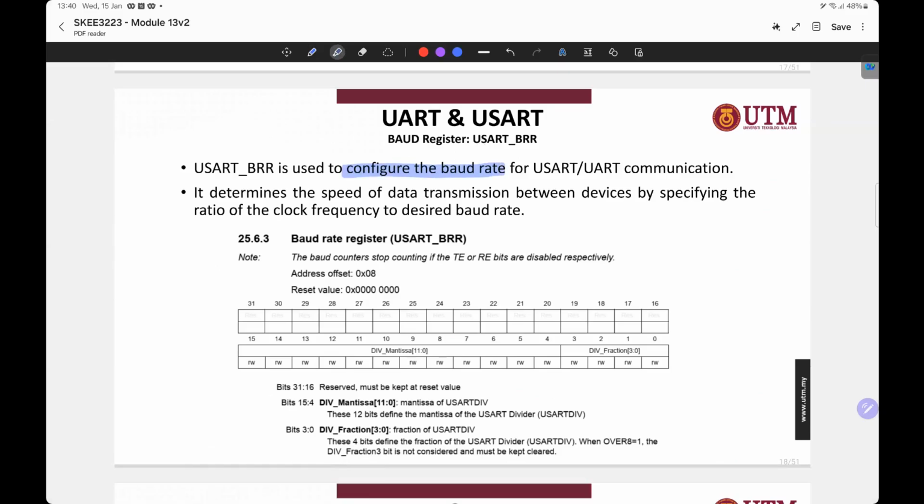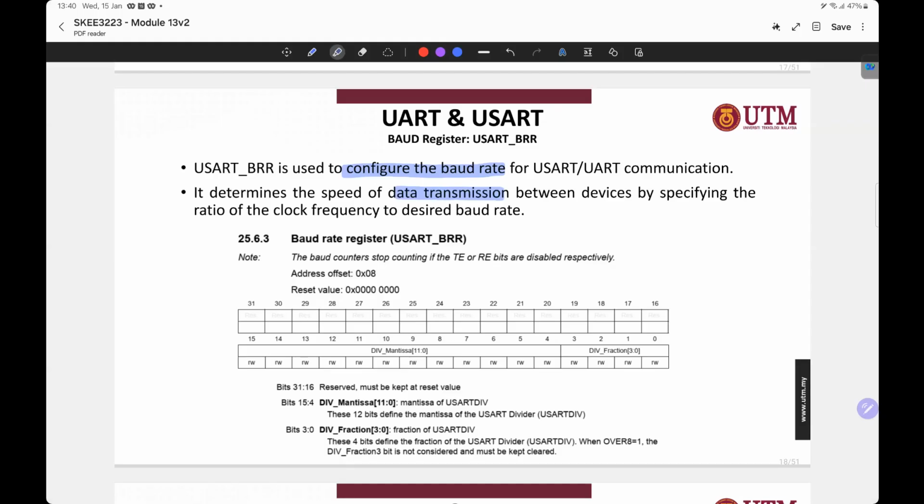So every time you're going to set a baud rate of your communication, make sure that you configure this BRR register. This baud register will determine the speed of the data transmission between the devices by specifying the ratio of the clock frequency to the desired baud rate.